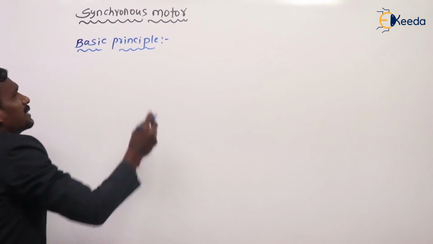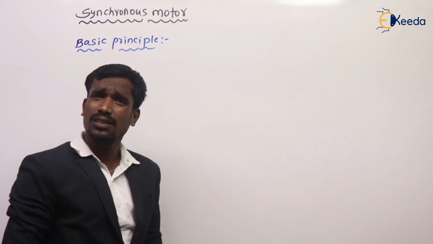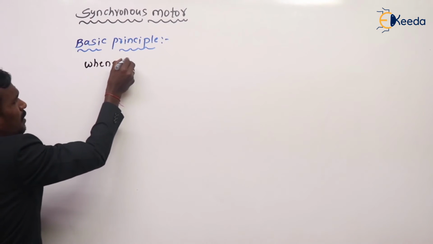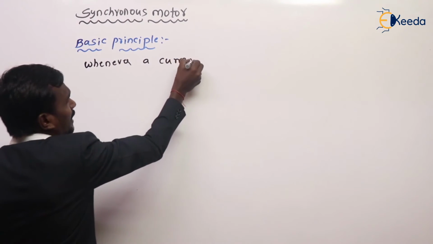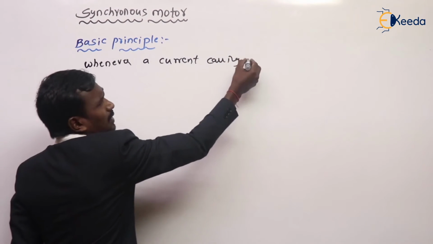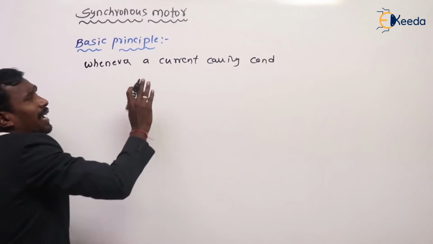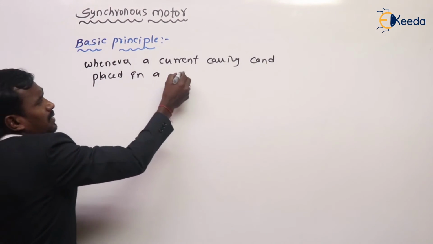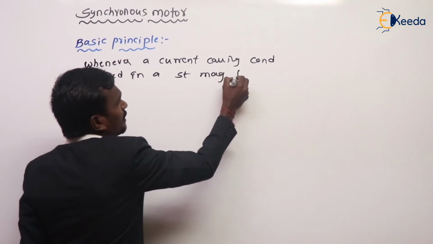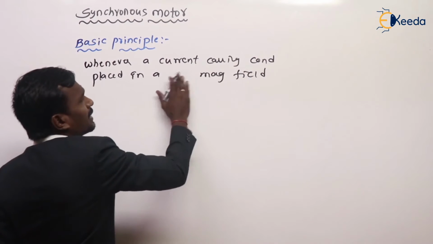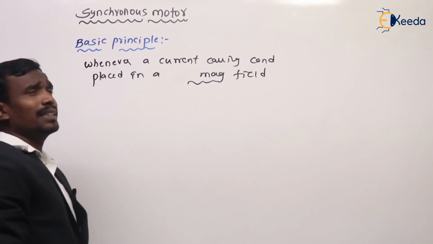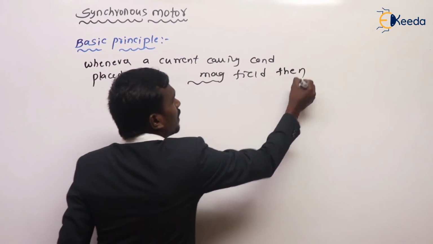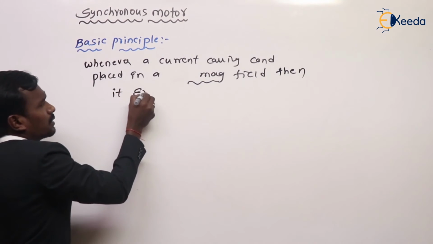Generally, what is the basic principle of a motor? Do you know? Tell me that first. Whenever a current carrying conductor is placed in a stationary magnetic field, or simply a magnetic field, it experiences a force.